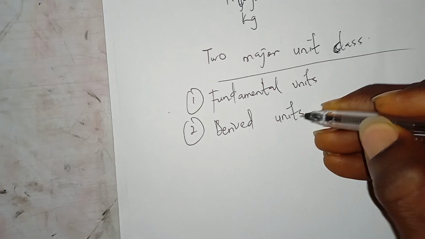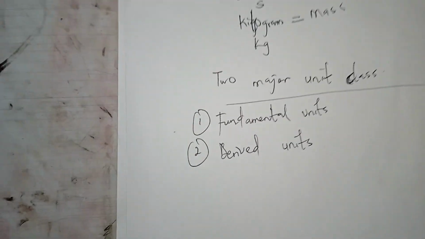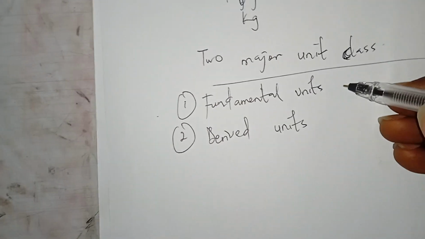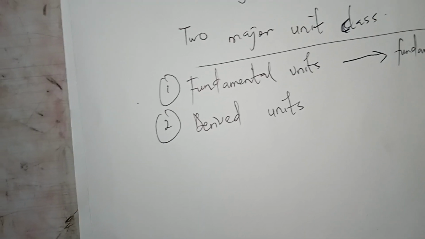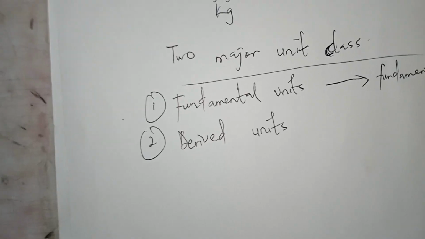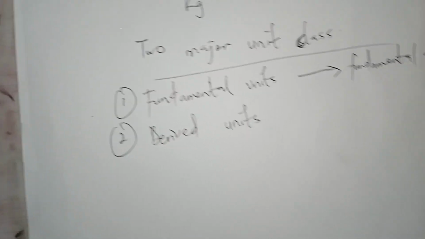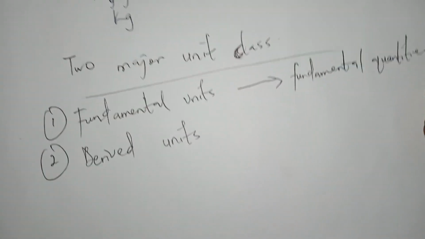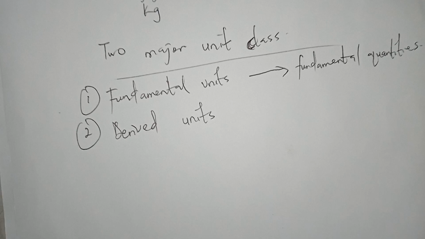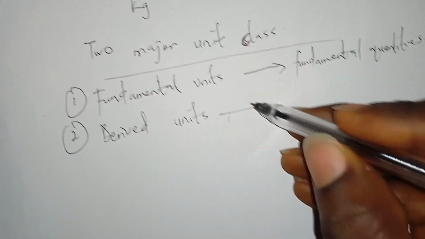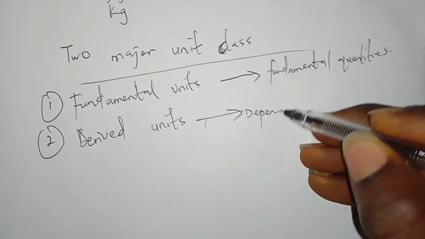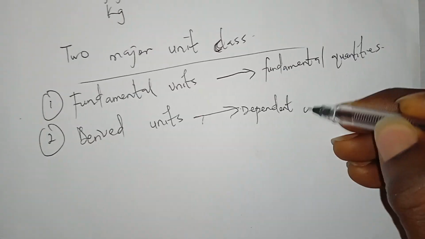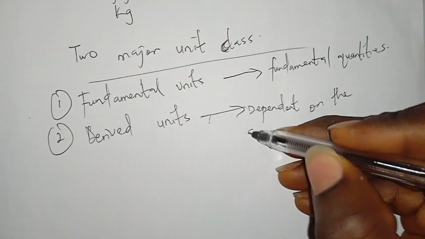So fundamental units are units used to describe fundamental quantities, and fundamental quantities are independent quantities. They occur by nature. They don't depend on anybody. They don't depend on any other quantity. While derived quantities are dependent on the fundamental quantities.